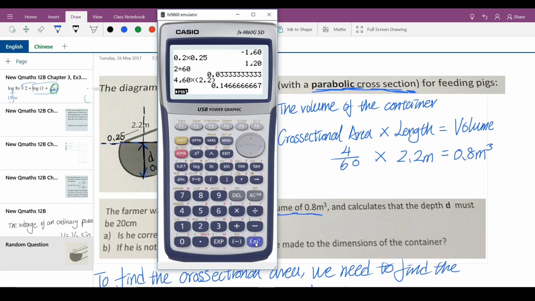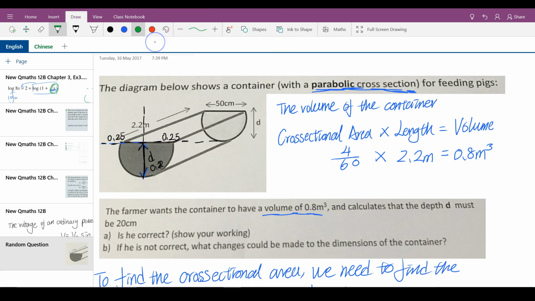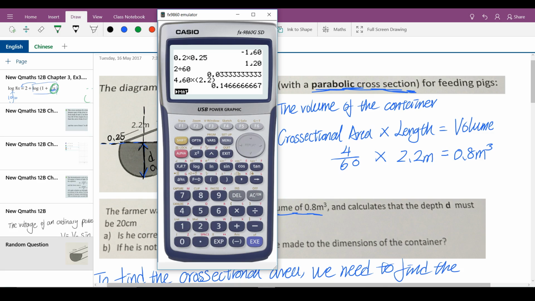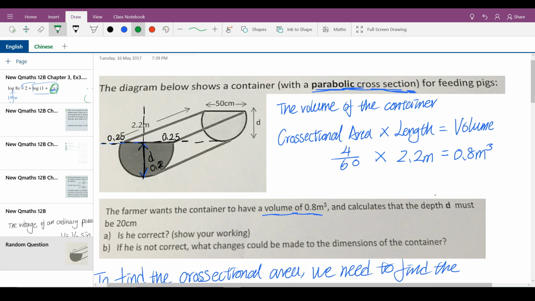Equal? See, what we actually get is 0.146 recurring, which is not 0.8. Boom. So the farmer is wrong.